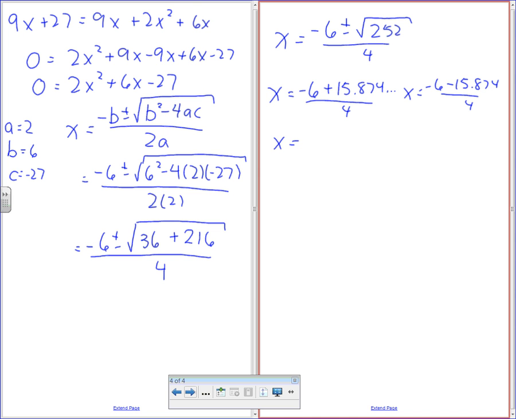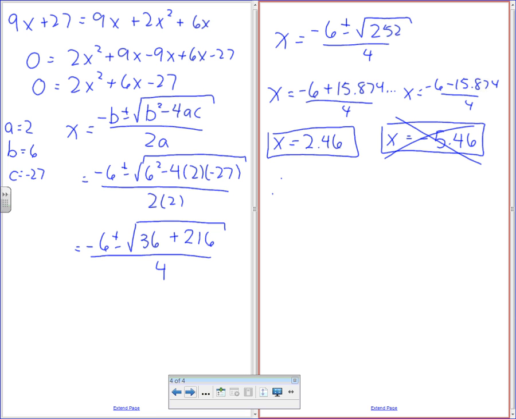Okay, can somebody work that out for me, please? That should be what, negative, if I can do it, 5.46? That one goes out, so it's not in our domain, therefore Mr. Sadler walks at 2.46 kilometers per hour.